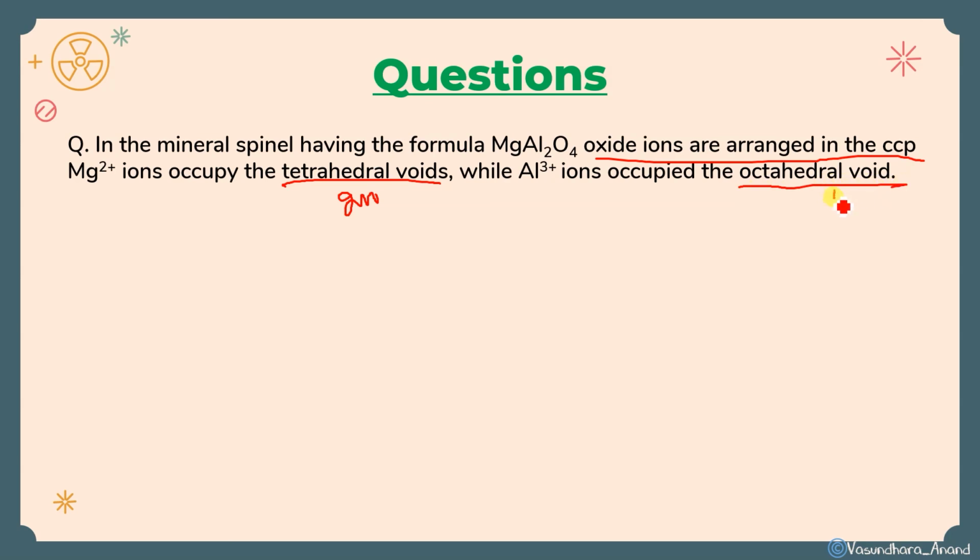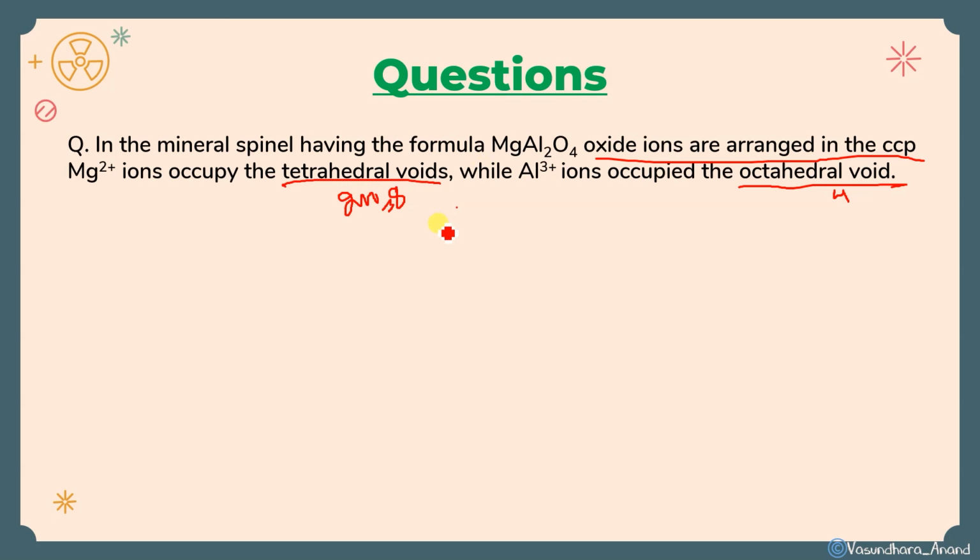Yes? Any problem? So how many tetrahedral voids are there? 8. We have 8 voids. And how many octahedral voids? We have 4. So just check how many cations have to be fit into that. Mg plus 2 has to be fit into the tetrahedral voids. So how many Mg do we have? 1 only.